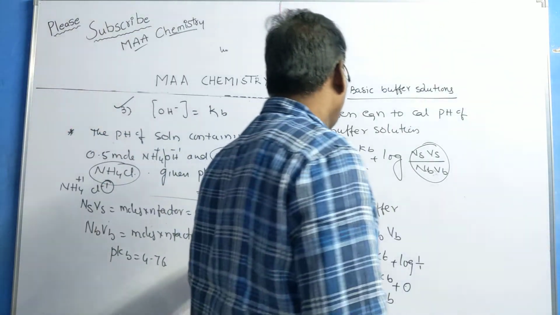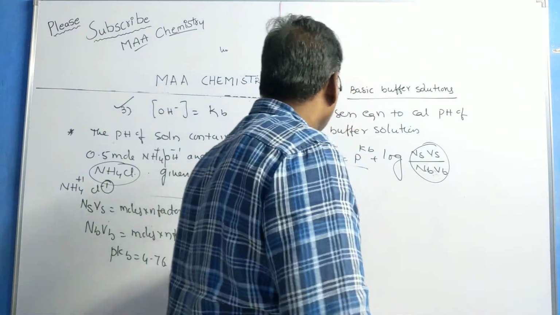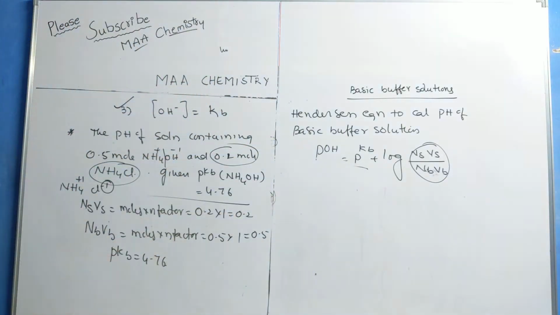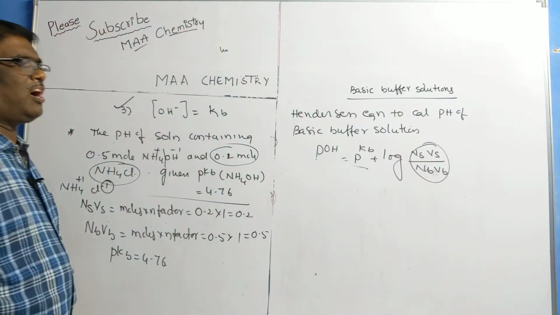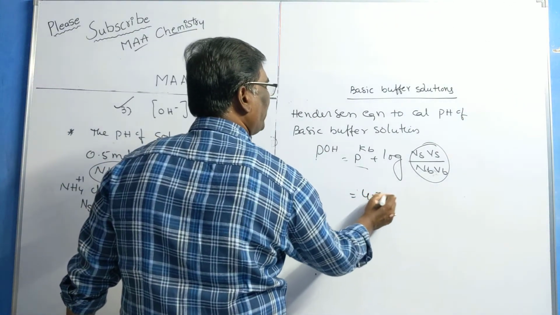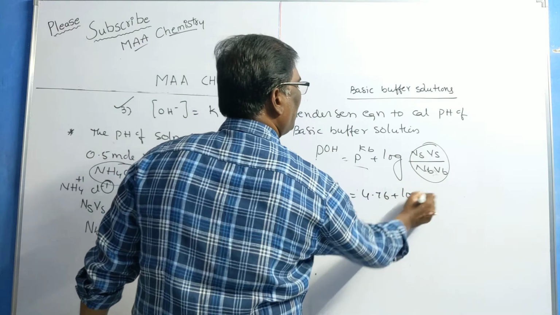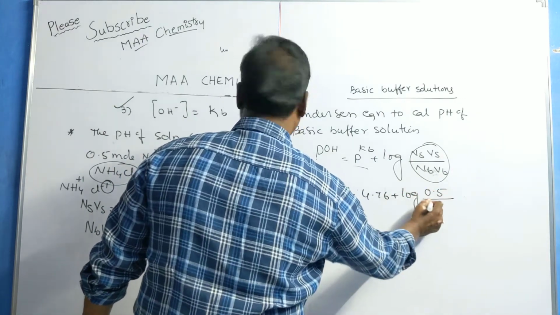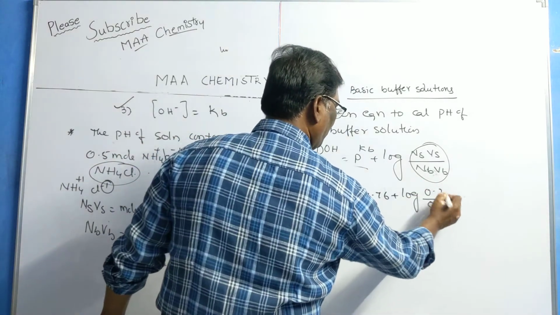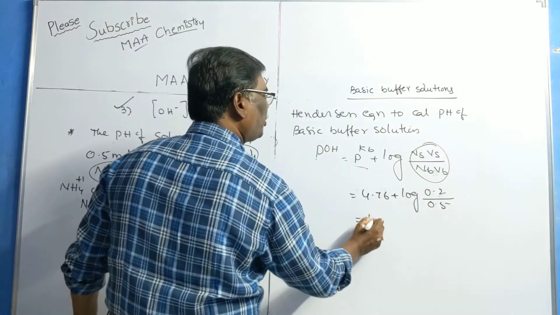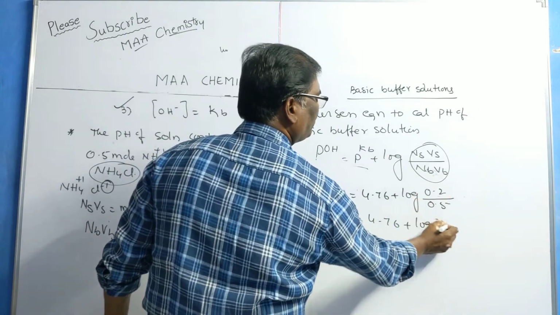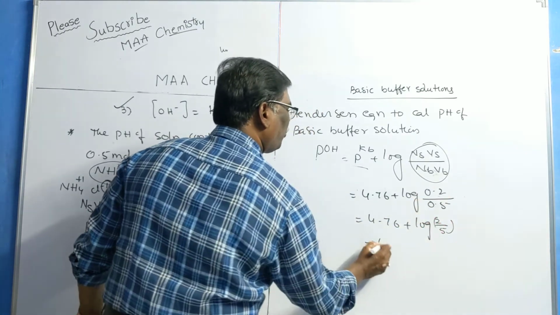Now you take the formula. What is the formula for basic buffer solution? The formula for basic buffer solution is pOH equal to pKb plus log of NSVS by NBVB. pKb value is 4.76 plus log of 0.2 by 0.5. Decimals are same, so 4.76 plus log of 2 by 5.